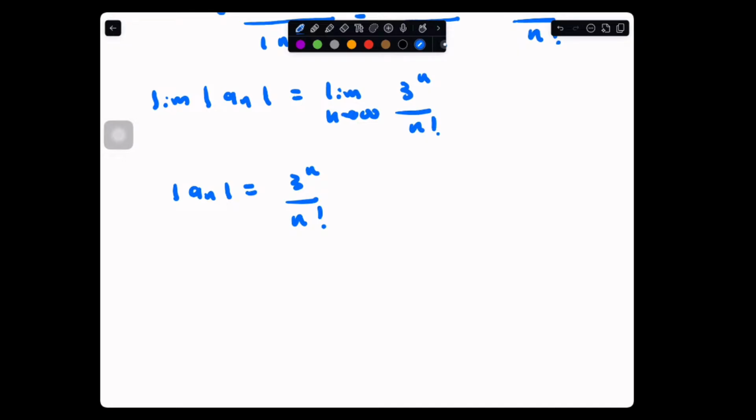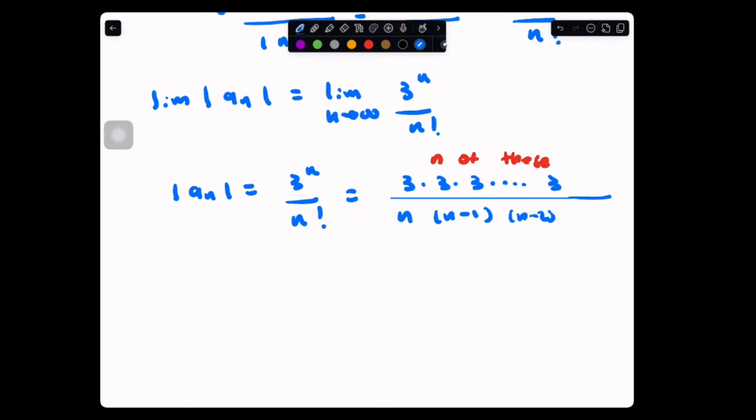So we're going to say this here is defined to be, if we look at these terms algebraically speaking, 3 to the n is 3 times 3 times 3. We have n of these. N factorial is n times n minus 1, n minus 2, down to 2 times 1 here.